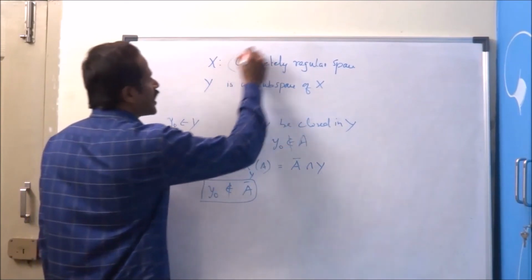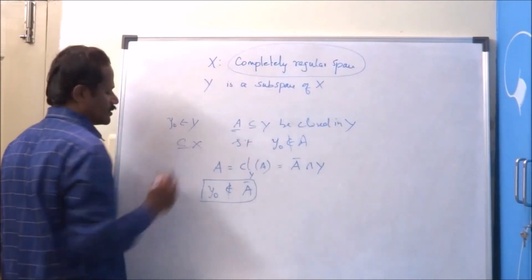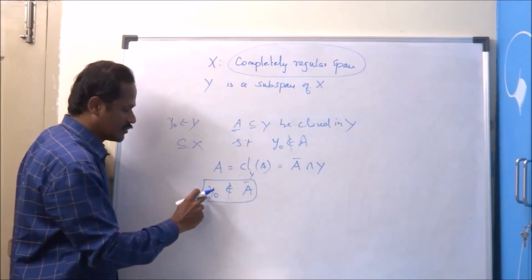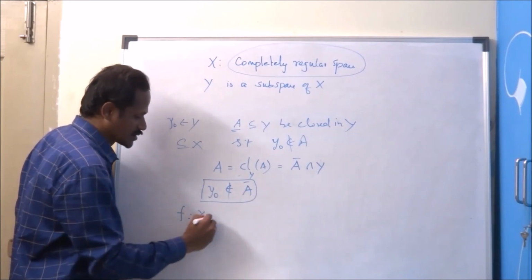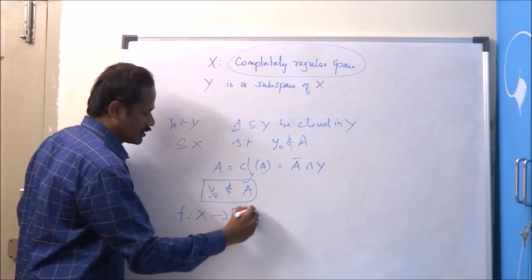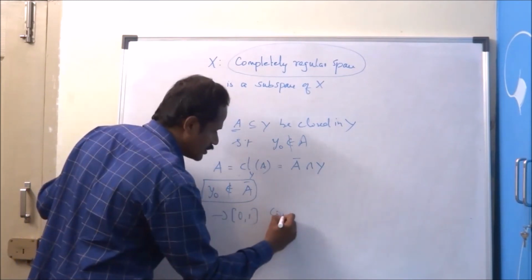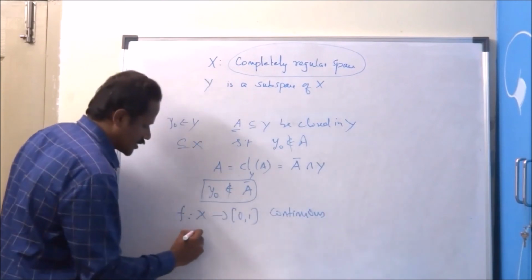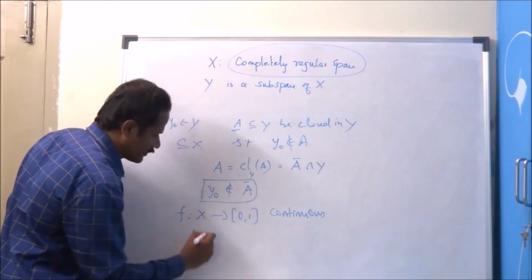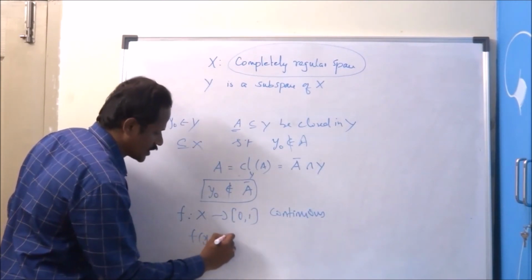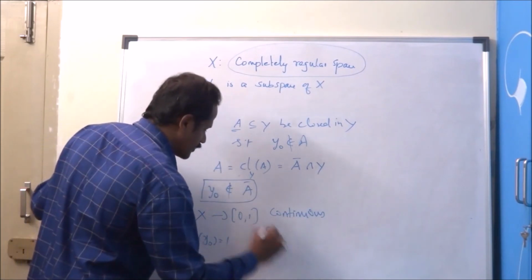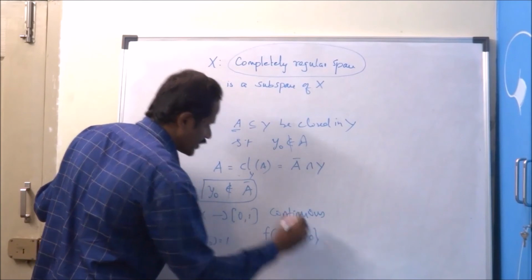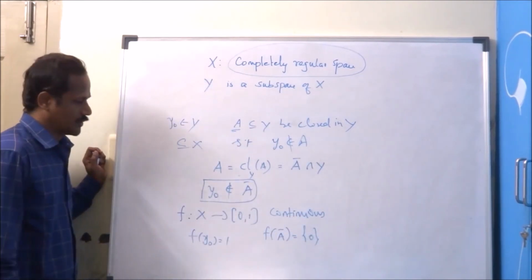Therefore, you apply the hypothesis that X is completely regular. For this pair, a point and a closed set not containing the point, there is a map f from X to [0, 1] which is continuous, and f of y naught is 1, and f at A closure is the singleton 0.